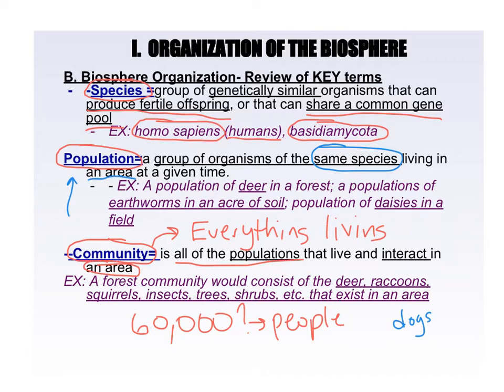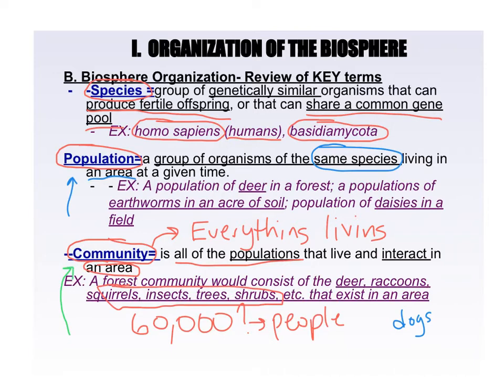So for example, in Tulare, the community of Tulare would be all the people, the dogs, the cats, the rats, the trees, the grass, everything that is living, like in this one, squirrels, insects, trees, shrubs, everything that is living in an area, that is called the community.